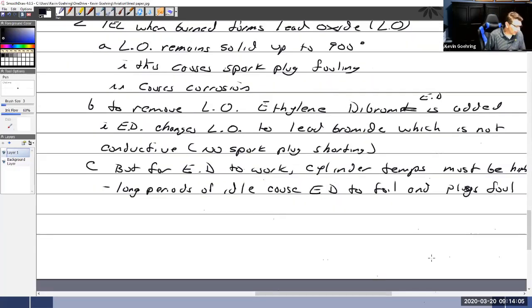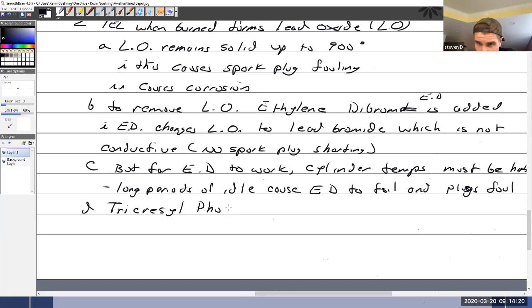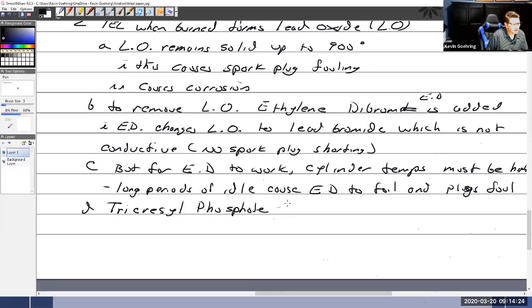So a way around this, and I'm almost done with this, by the way, is something that a lot of people actually use. I don't even know if I can pronounce it. Tricresyl phosphate. Could you slow down just a little bit? Yep. Also called TCP. You can actually buy this stuff, TCP.